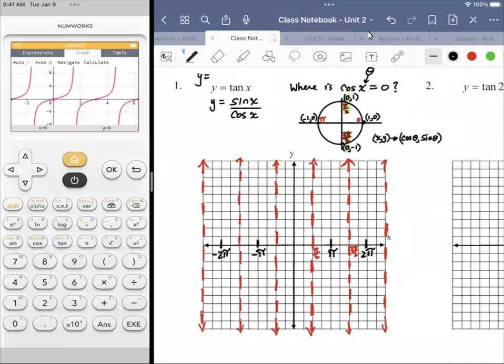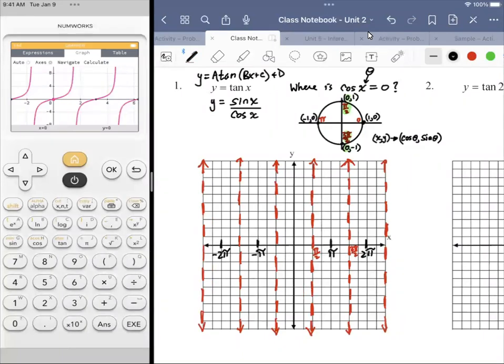It's y equals a tangent bx plus c plus d, right? So we would still get things like period, phase shift, vertical translation, and stuff like that. And also an amplitude, but the amplitude doesn't have as much of a noticeable impact when you sketch it by hand as it does for other types of functions.